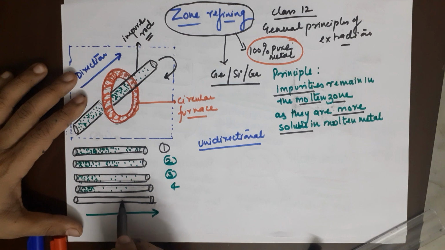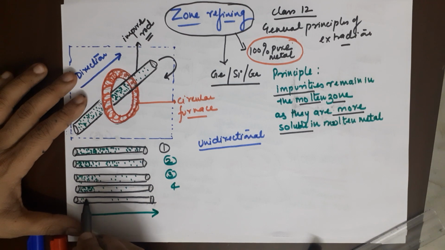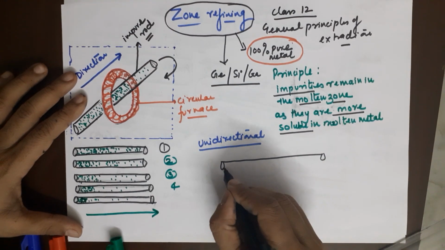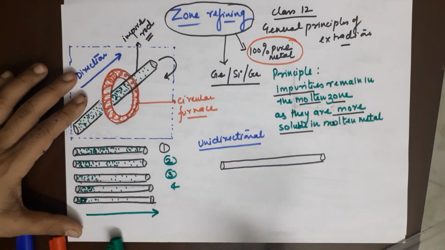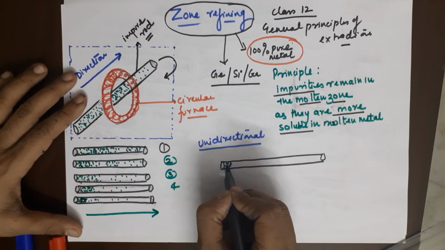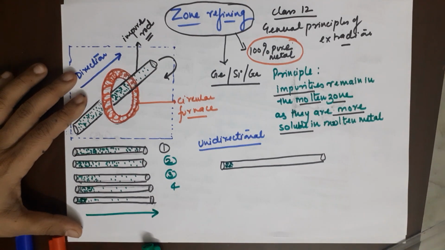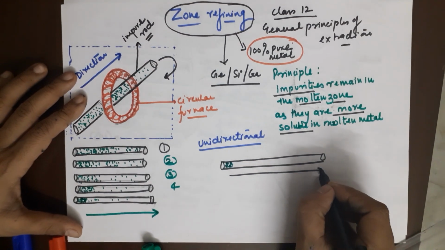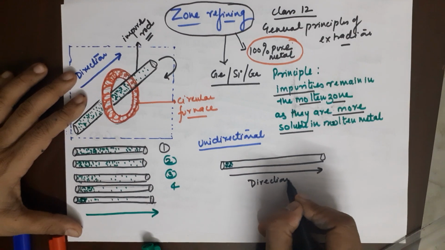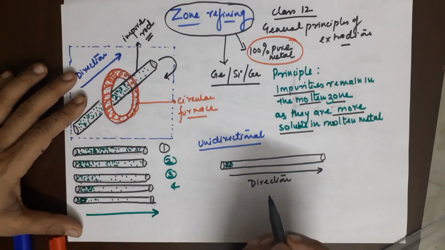So on, as you continue, the impurities will ultimately be left in the other end of the rod, and finally you would end up with a rod of silicon, germanium or gallium which has impurities only on this end, because of your direction of movement through the circular furnace.